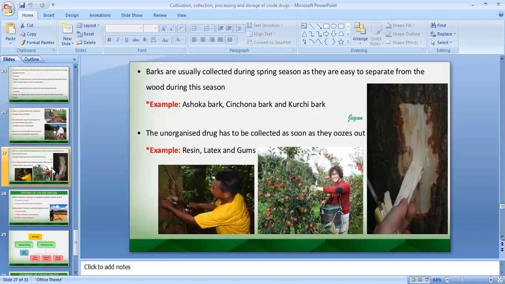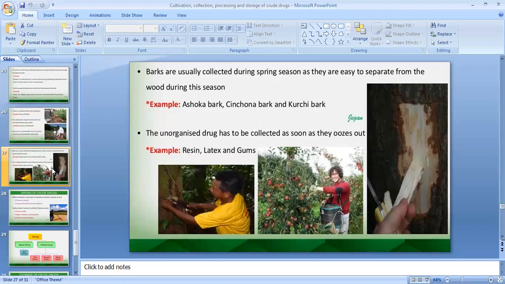as herb. The unorganized drugs have to be collected as soon as they ooze out. There are many types of unorganized drugs used as herbs.